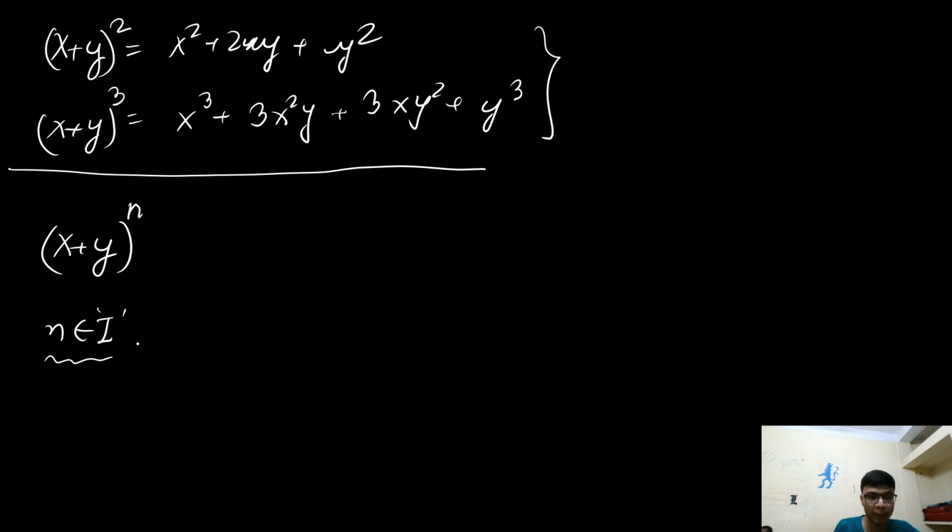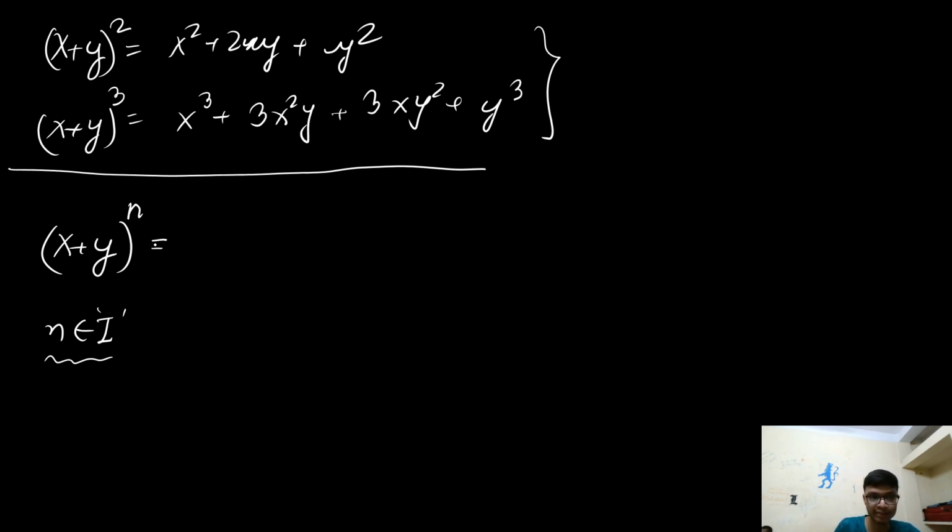The rule by which the power of a binomial expansion can be expanded is known as the binomial theorem. This theorem talks about how we expand any binomial expression raised to any positive integer power.